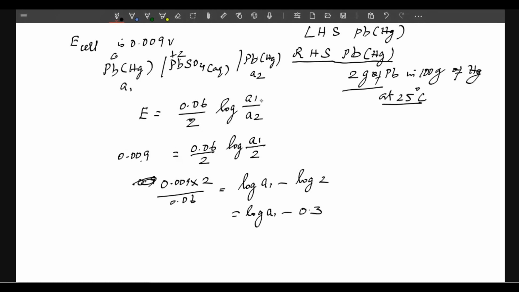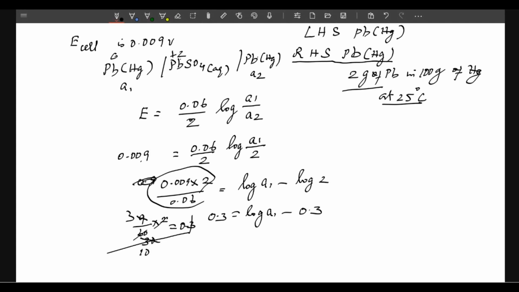And what is the value for this? 9 by 60 into 2 into 30 into 3 by 10 equal to 0.3. Am I correct? This value is equal to 0.3, right or wrong?